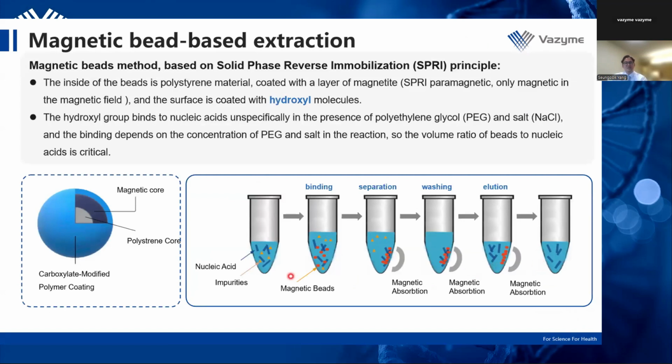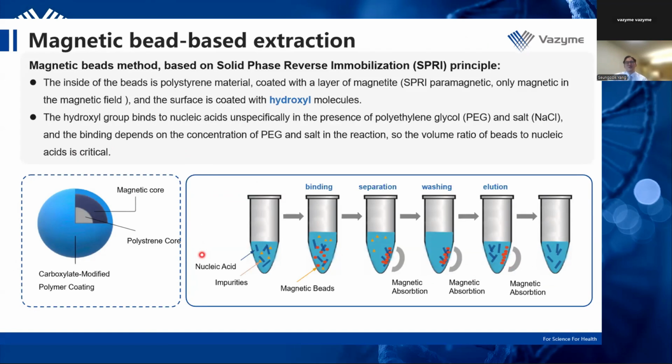So the beads have a polystyrene core and are coated with a paramagnetic material called magnetite. These beads only become magnetic in the presence of a magnetic field. Their surface is also coated with hydroxyl groups, which help bind nucleic acid.